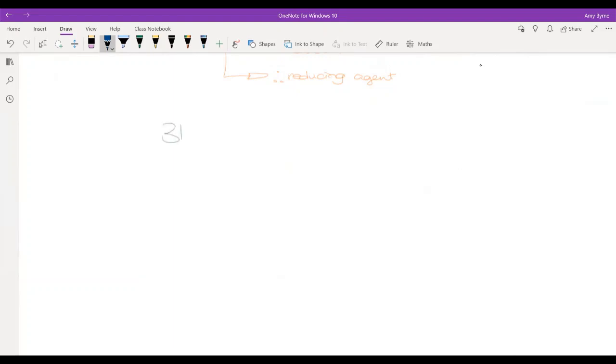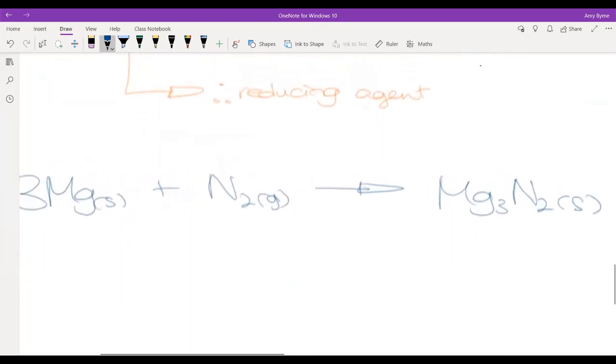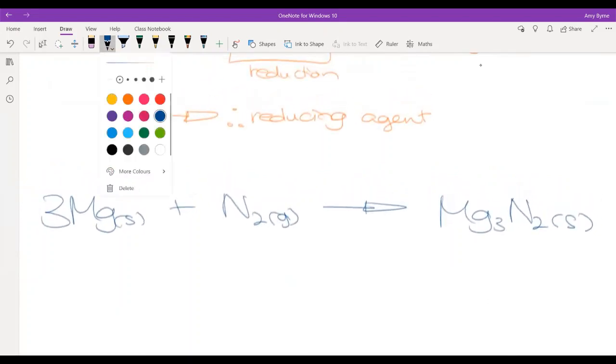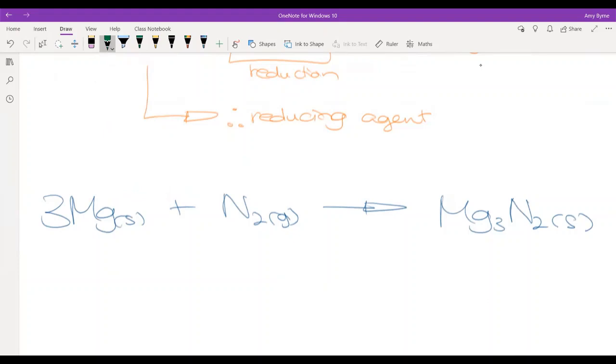So we had 3 magnesium metals reacting with a nitrogen gas molecule and forming magnesium nitride solid. So let's work out in terms of oxidation states what is happening. Elements have oxidation states of 0. This is now the magnesium ion, so it is now a +2, and this is the nitride ion, so it is a -3.